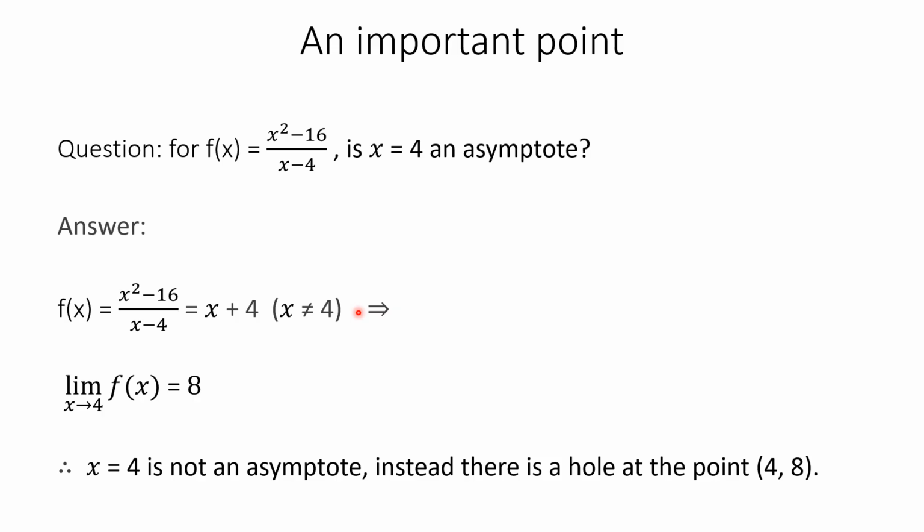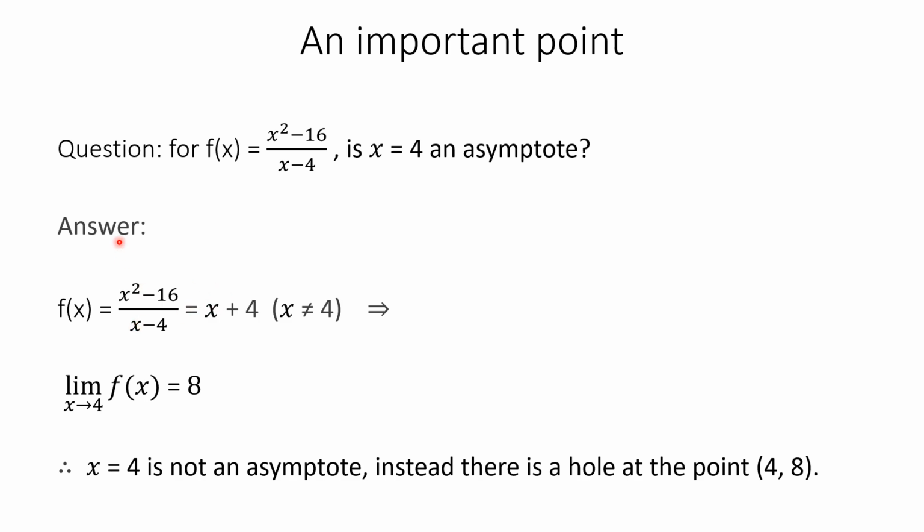That proves that there's no vertical asymptote. Also, that can be written as: as x gets closer to 4, the function gets closer to something. If you calculate it, for example, replace x by 4.1, in both the numerator and the denominator, we get that the answer is 8.1.